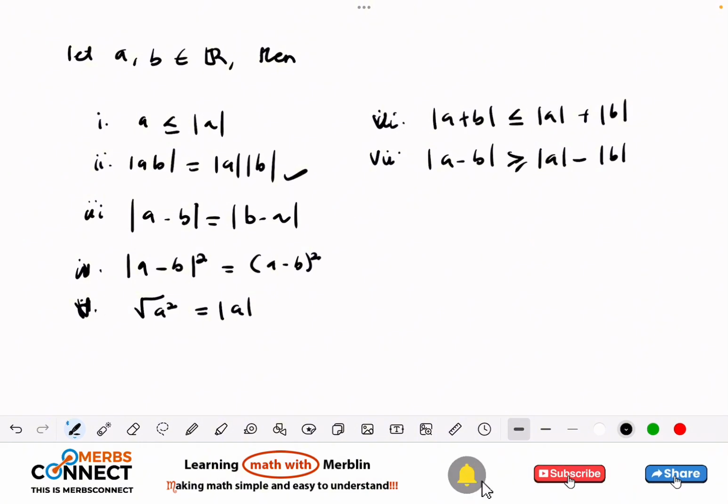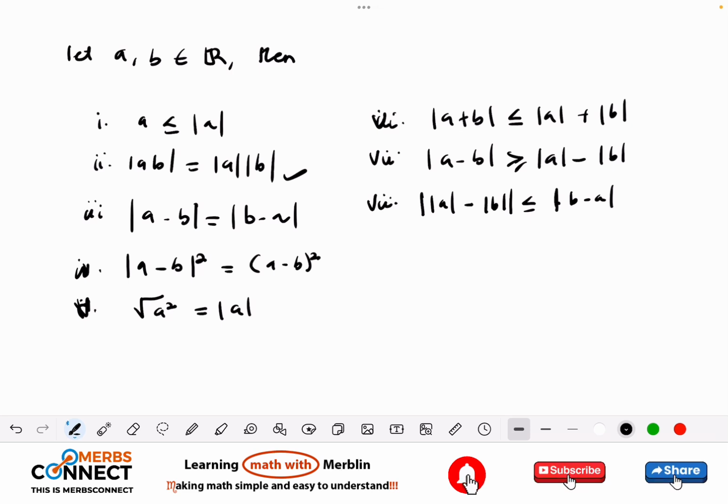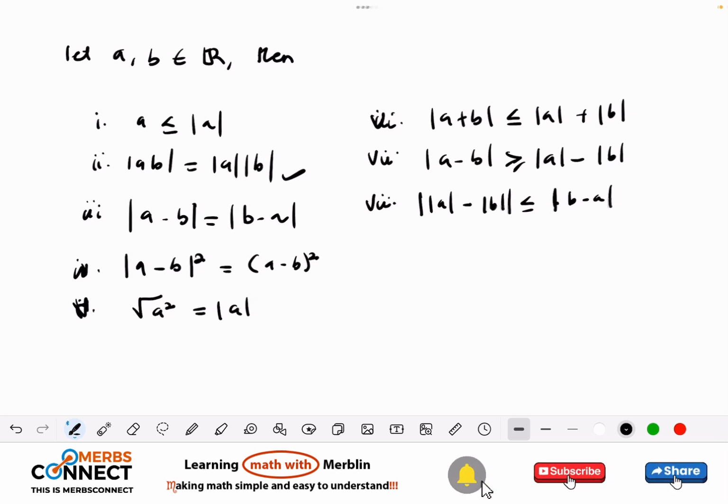Good. And we can just add this one to it: absolute of a minus absolute of b, absolute, is less than absolute of b minus a. Right, so I think we can just pause here, and then we take more examples.